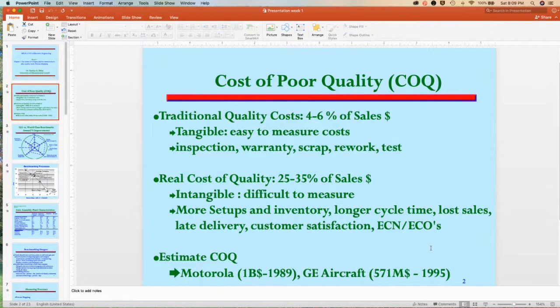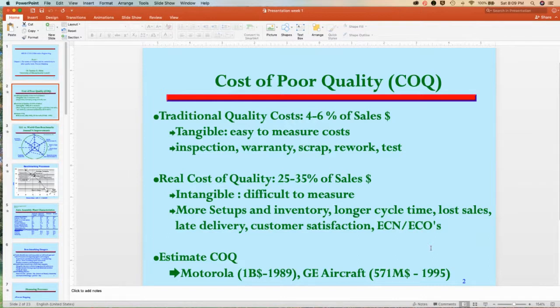Okay, so the idea, which Crosby came up with, the Crosby I mentioned, conformance to specification, or Feigenbaum that talked about TQM, is the idea of the cost of quality. What is the cost of quality? If you're testing something and repairing it, that's cost of quality. Anything that is not conformance to specification, anything that doesn't do what it's supposed to do.